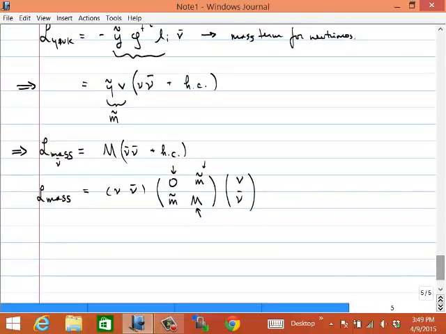And so the thing to notice about this is that it's a 2-by-2 matrix. And if we assume that M is much bigger than M tilde, then this 2 by 2 matrix can be diagonalized and it has eigenvalues.